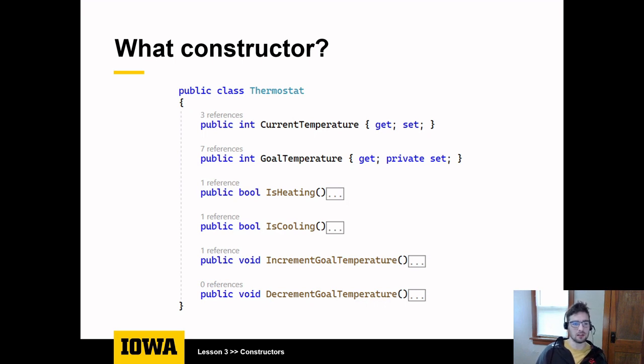So there is one, but for simplicity, you don't have to put it there, because it's going to assume that if you didn't put a constructor in your class, you don't want anything in particular to happen when you create a new object, in this case a thermostat object.